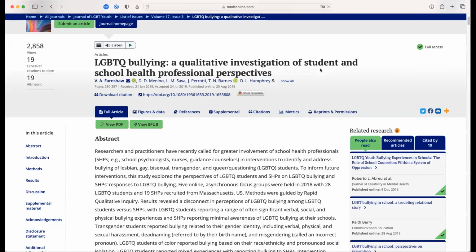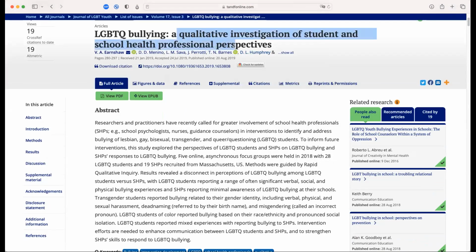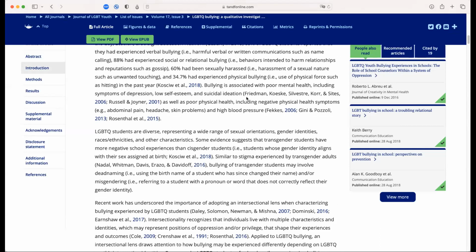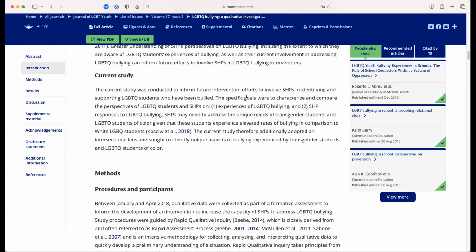Now we see here, they say that they're doing a qualitative investigation. Well, let's find out what the problem or purpose was here and what the research questions were. Now we see here, their goal was to inform future intervention efforts. Okay. And then they have more specific.